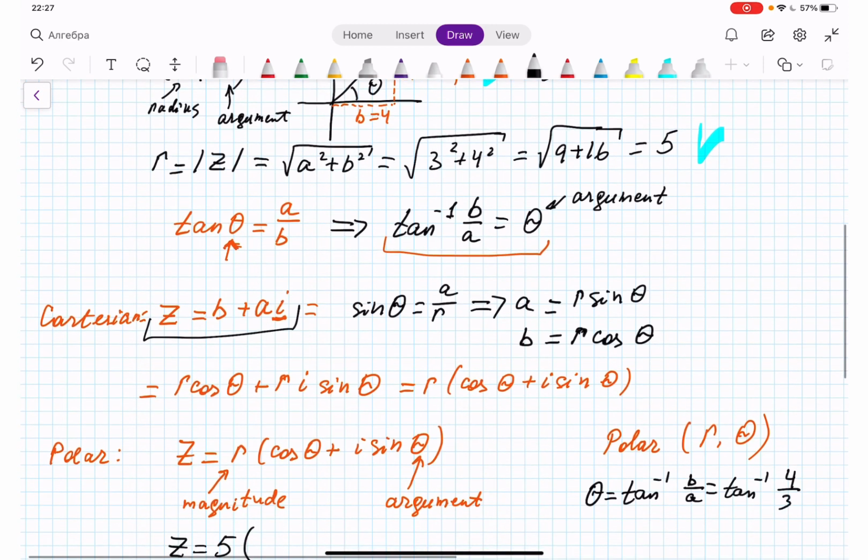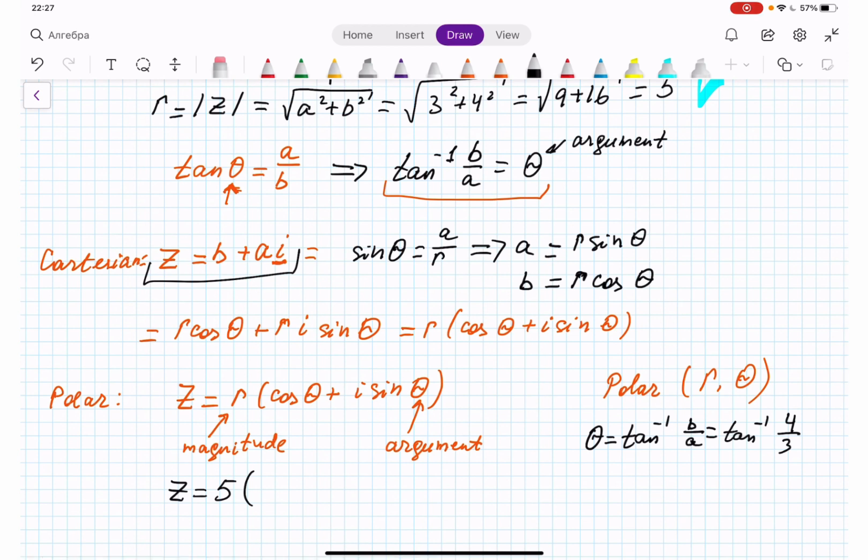So 4 divided by 3, and I'm taking the inverse of tangent. It's going to give me approximately 53.13 degrees. Now I need to take the cosine of this. It's going to be cosine 53.13 plus i sine 53.13.